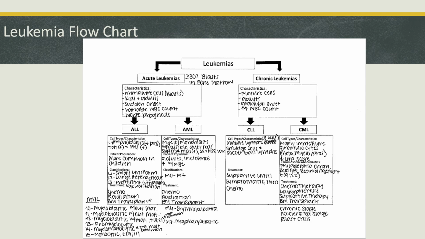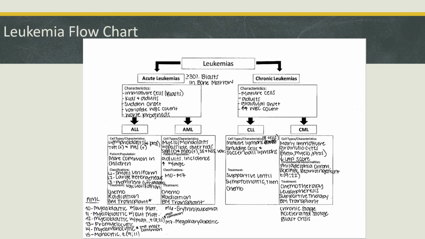Now, if you recall back when we were talking about how to determine whether we were looking at an acute leukemia or chronic leukemia, we know that that line drawn in the sand is 30% blasts in the bone marrow if you're going by the FAB, and 20% if you're looking at the World Health Organization criteria.